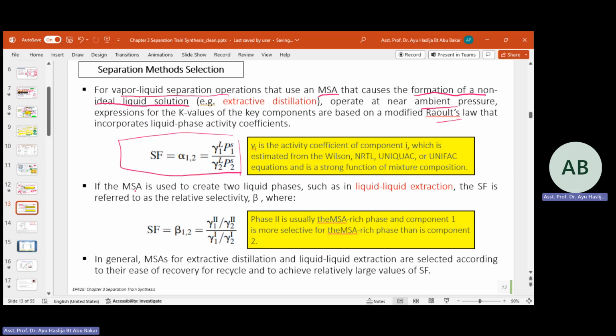Now if the MSA is used to create two liquid phases, such as in liquid extraction, the separation factor is referred to as relative selectivity, beta. The alpha just now is relative volatility.